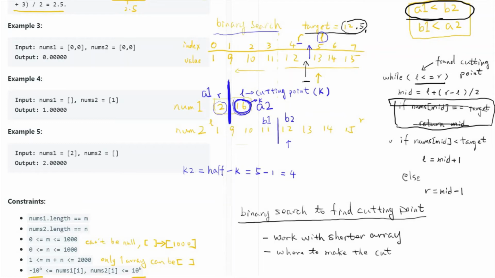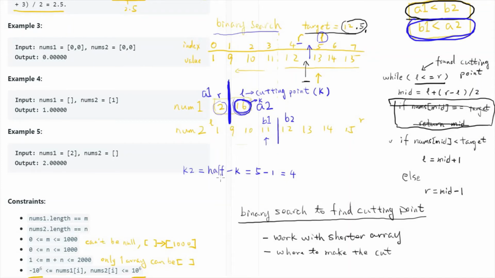But remember, we use these two conditions, or either of these conditions, to find the cutting point. So here we will compare A2 with B1. In the first array, we found A2. Now in the second array, we want to compare with B1. So we don't want to use the number at position 4, but we want to use the number from B1. So we need to modify our formula.